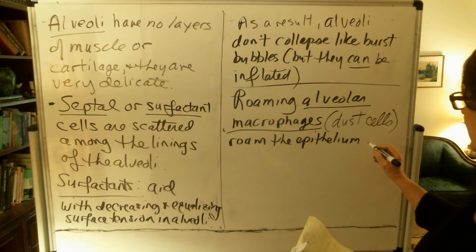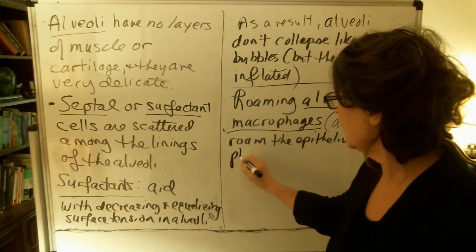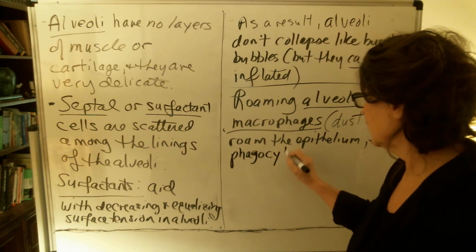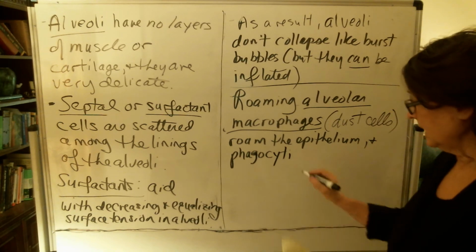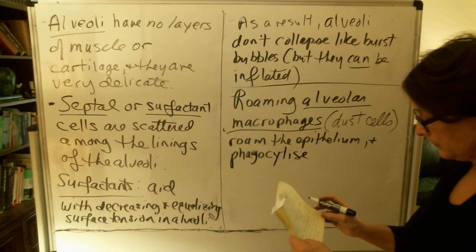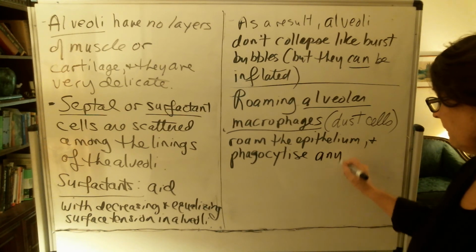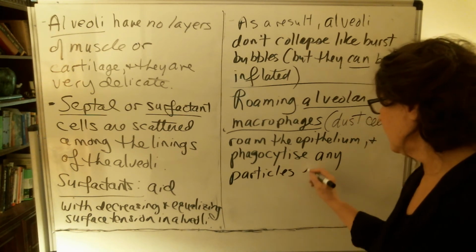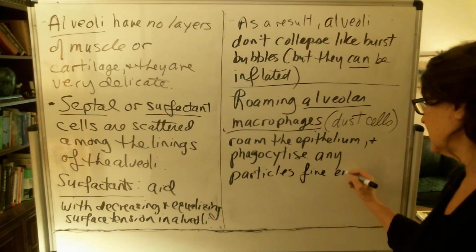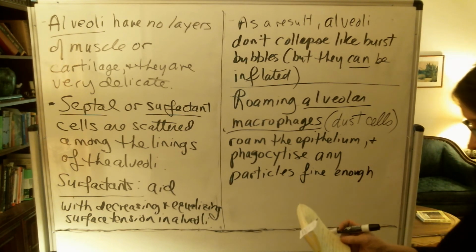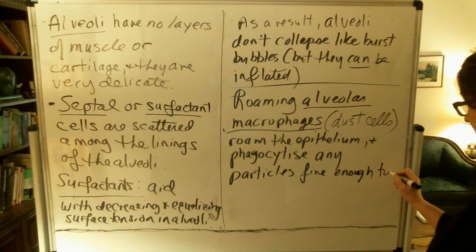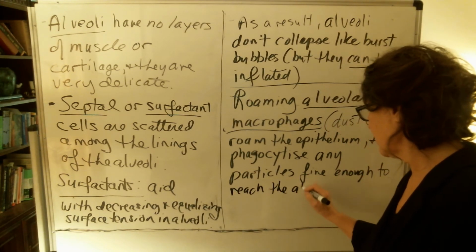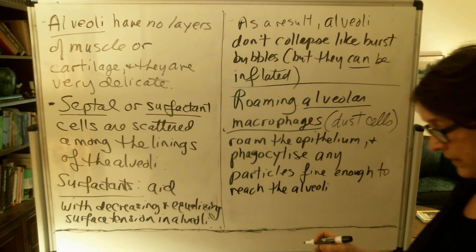So they roam the epithelium and they phagocytize then any particles that are fine enough to reach the alveoli.